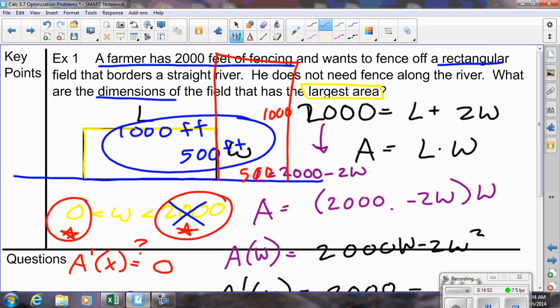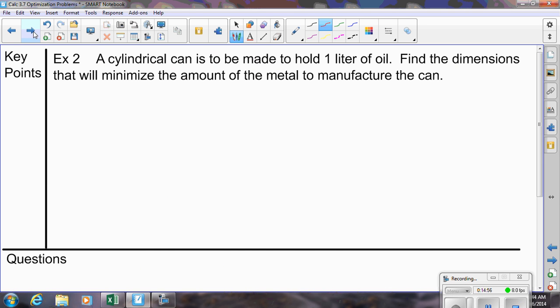Okay, similar problem. A cylindrical can is made to hold 1 liter of oil. Find the dimensions that will minimize the amount of metal needed to manufacture the can. Okay, so what does minimizing the metal mean?